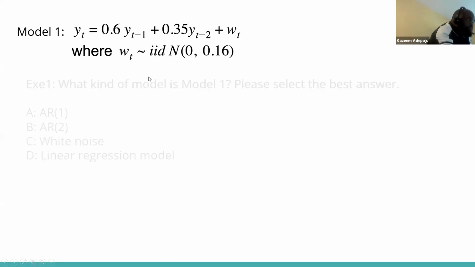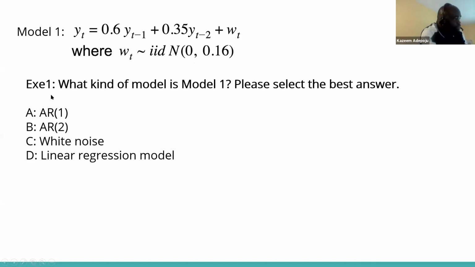If that is the case, then in the multiple choice part of the exam, you may see a question like this where the examiner asks what kind of model model 1 is. Of course, you would choose AR of order 2. Can you see that now? Is there anyone who doesn't understand why I choose AR of order 2? Is there anyone?